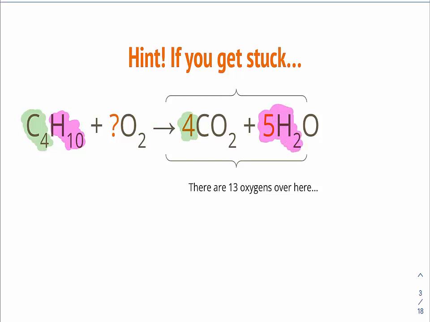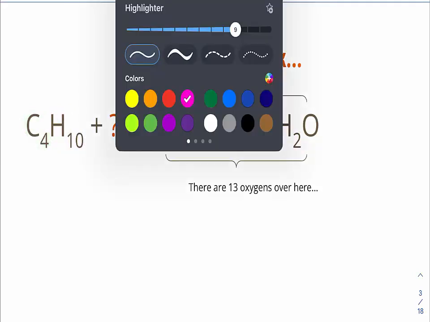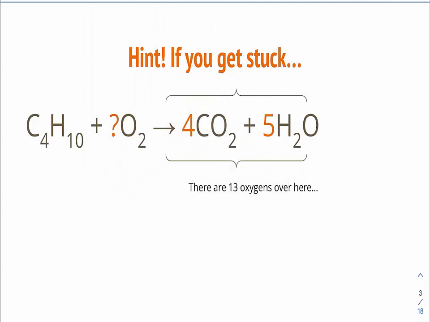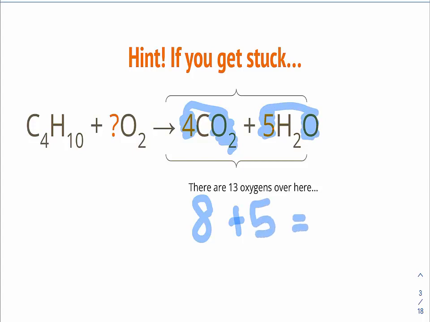That's perfect. But if we now look at the oxygens, which I will highlight in blue, I've got 4 times O2, that's 8 oxygens there, plus 5 times O, that's 5 oxygens here. 8 plus 5 is going to give me 13.